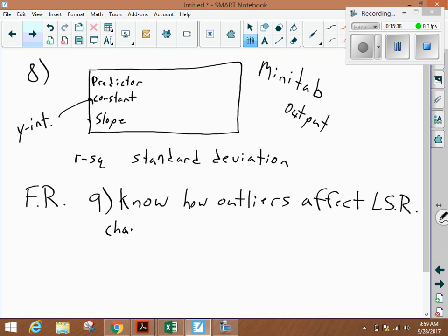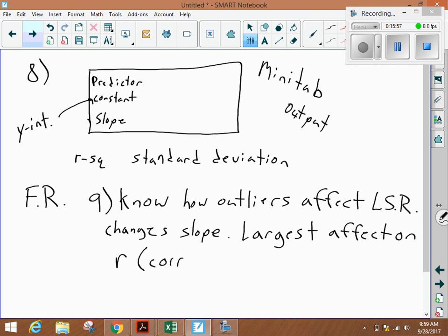But more importantly, it has the largest effect on your correlation, on R. And be careful, okay? R is correlation, R squared is your coefficient of determination. You cannot use them interchangeably. One says something totally different than the other.